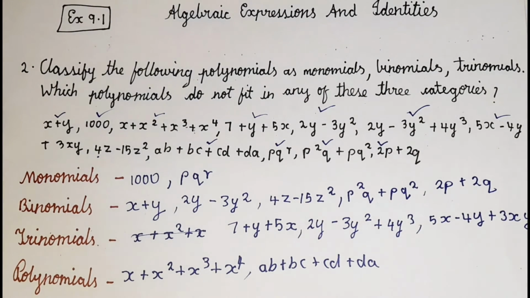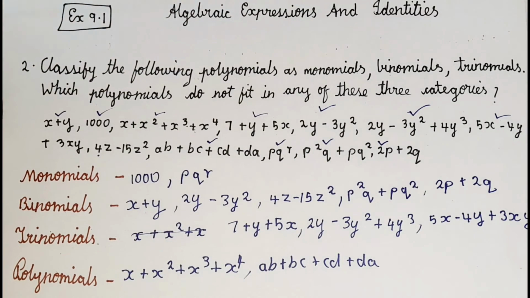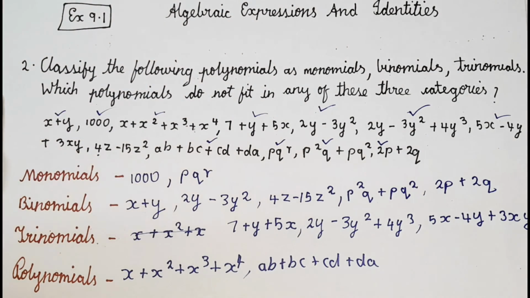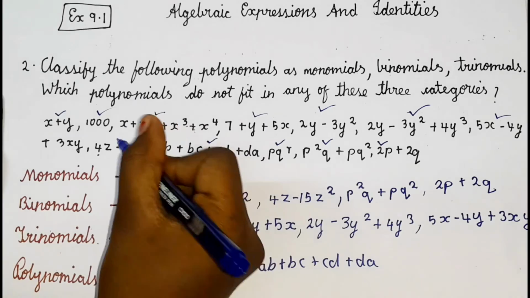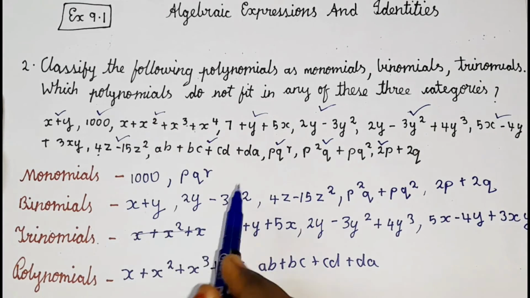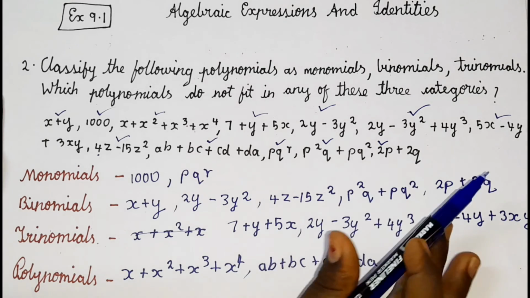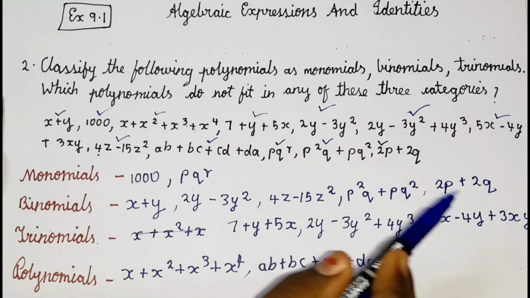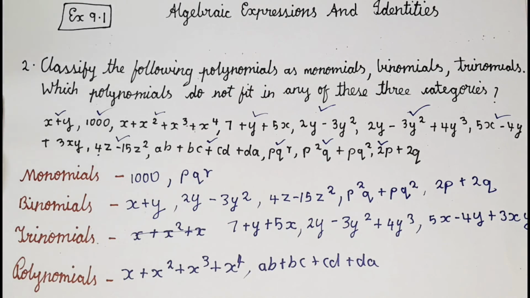Yeah, it's correct, okay. So this is the answer for this question. Here we have one more, which means 12. 1, 2, 3, 4, 5, 6, 7, 8, 9, 10, 11, 12. Yeah. So it is totally 12. We had 12 terms and we have split them as monomial, binomial, trinomial and polynomial.